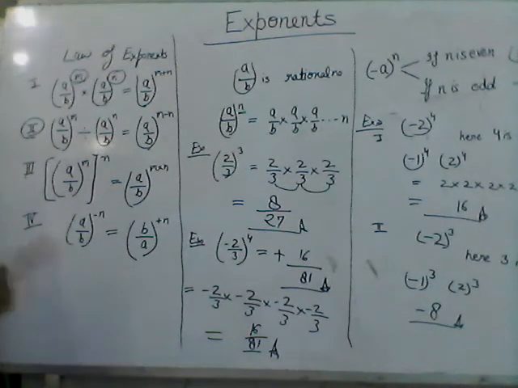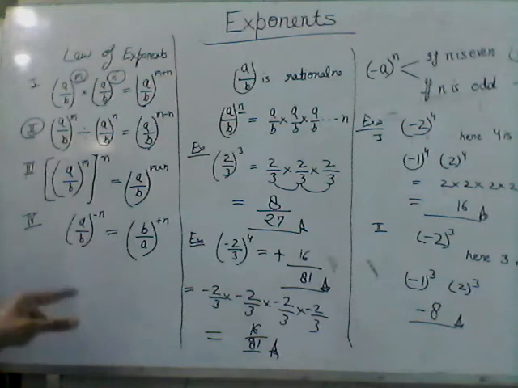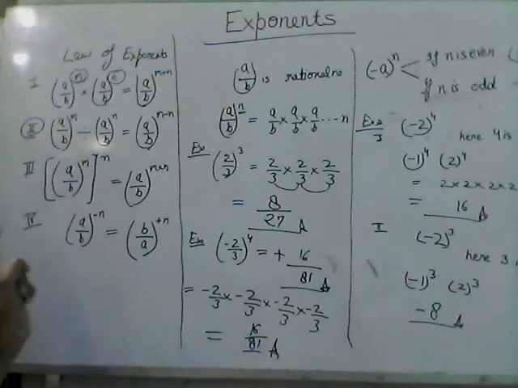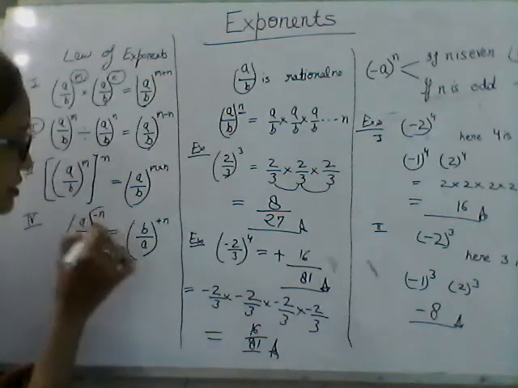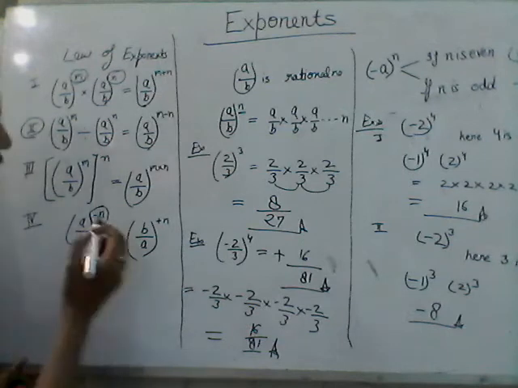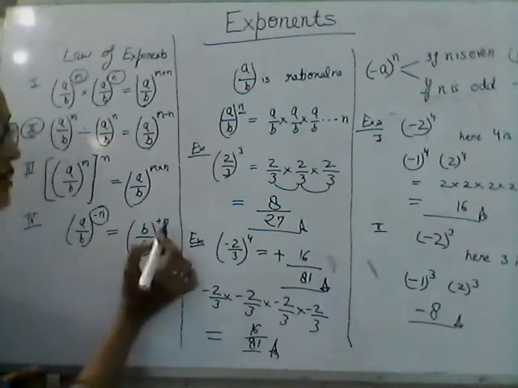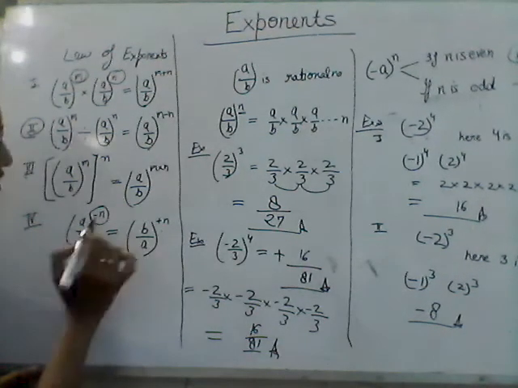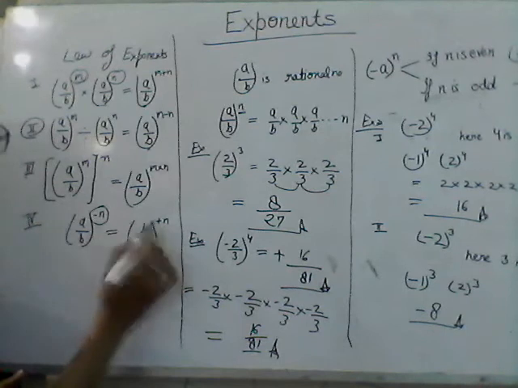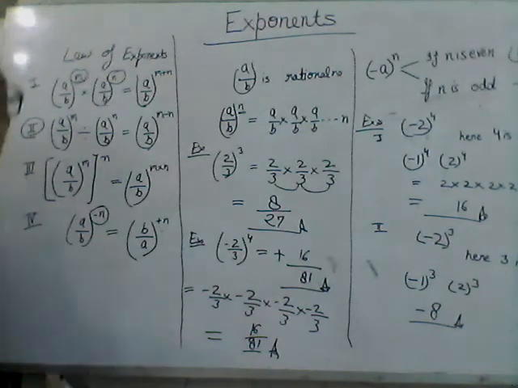If we reverse the value, then the power sign is changed. If the sign is negative, then we get positive, and if positive, then we get negative. So this is our fourth law of exponents.